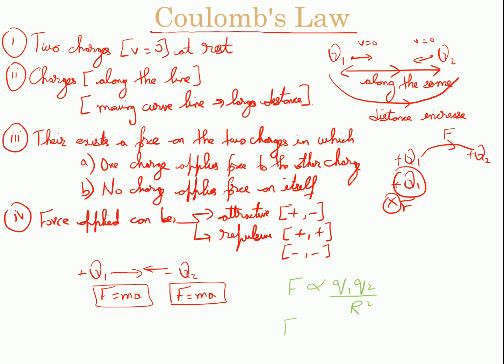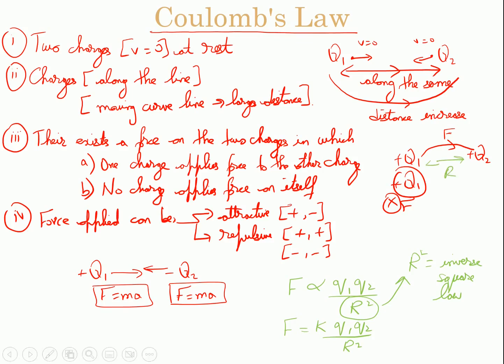If we want to get rid of this proportionality, then F is equal to k q1 q2 by r square, where this r square comes from the inverse square law, and r is the distance between these two charges.